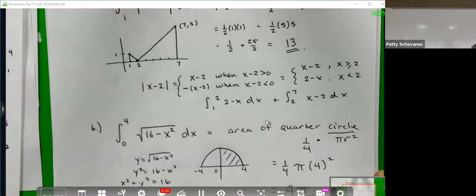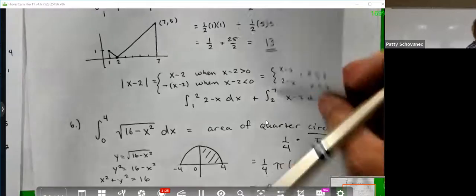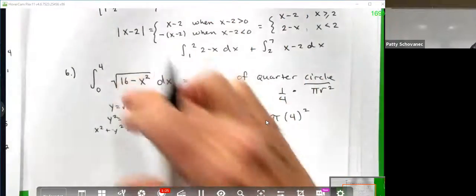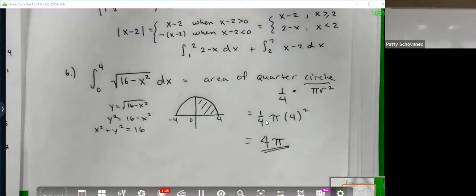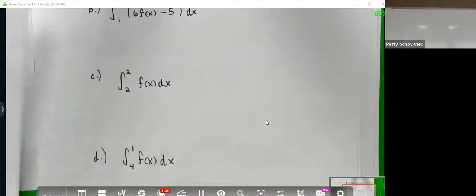So don't ignore composite functions by ignoring the outside rule. Think about what they mean geometrically. For the next one, I've got some mystery function.